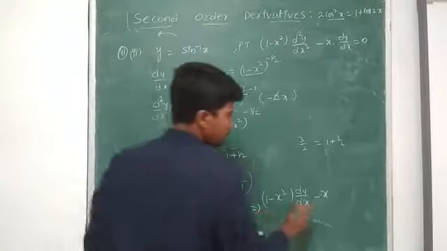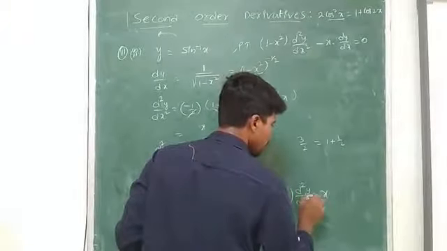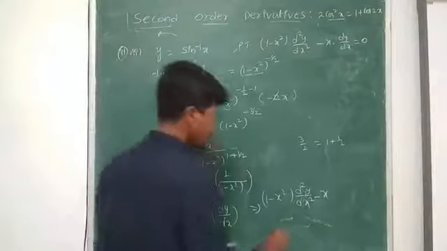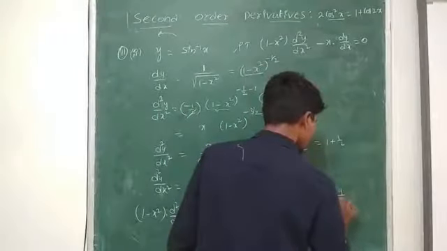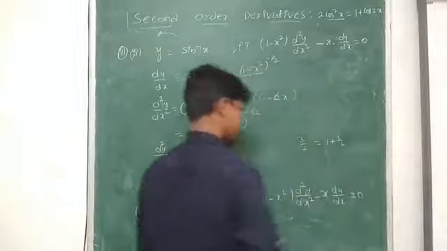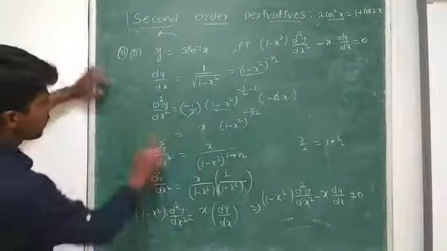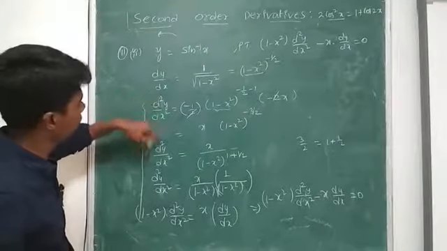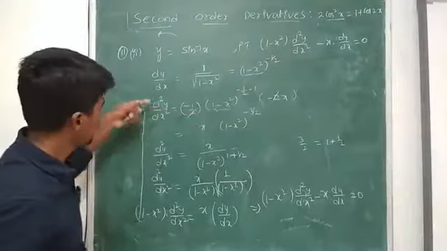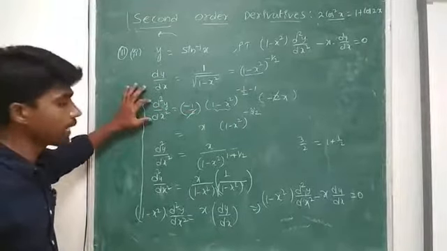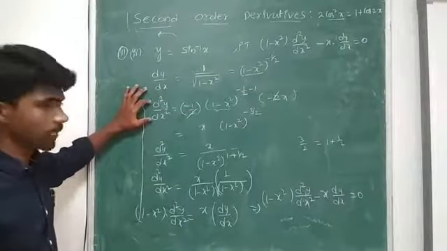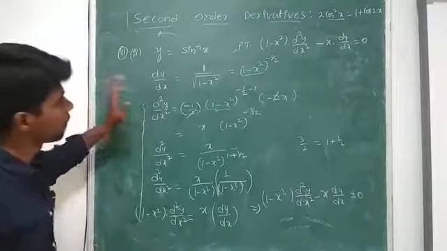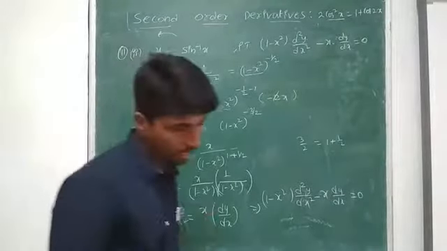Now (1 minus x square) into d square y by dx square minus x into dy by dx is equal to 0. Here we took dy by dx in simplest form, and then I found its derivative, so I get d square y by dx square. Just make a note of this. Okay, that way we got an answer.